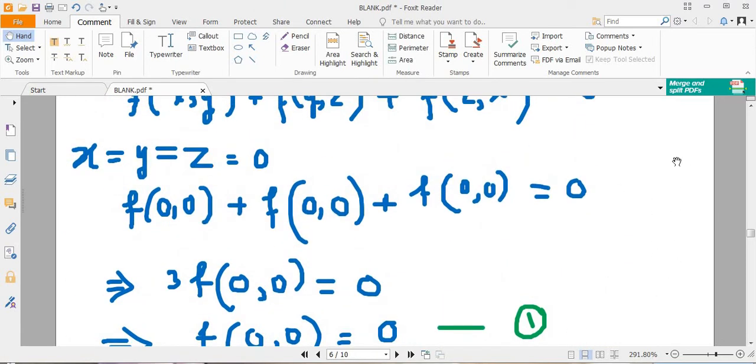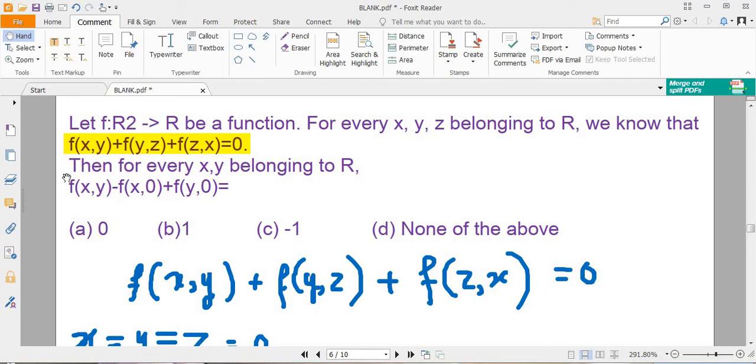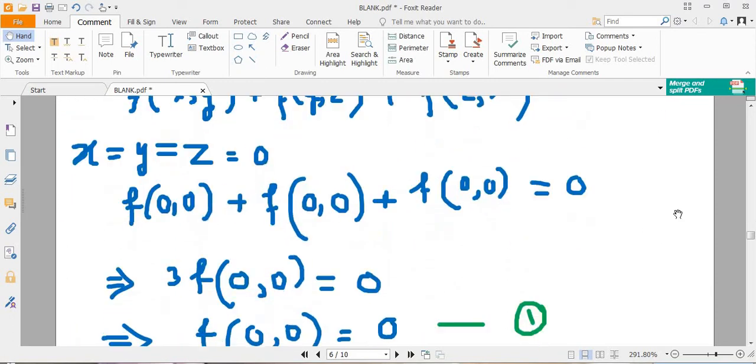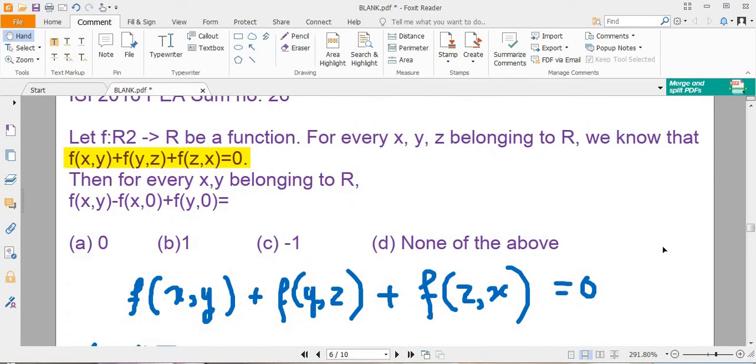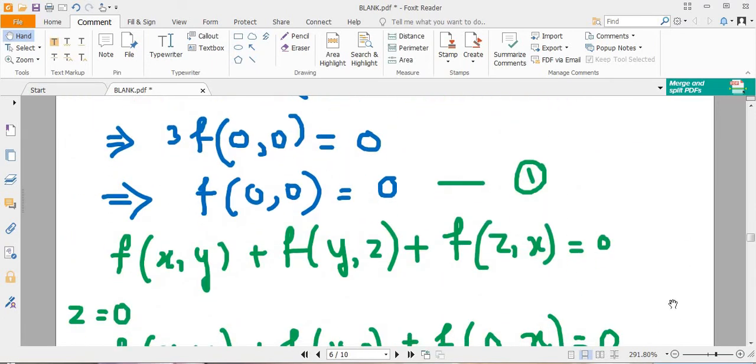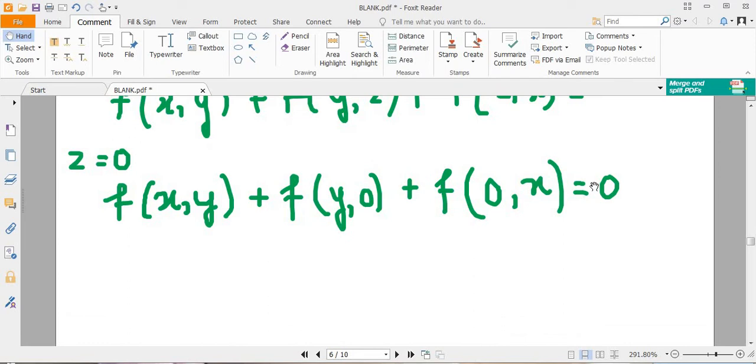What we needed to find out is f(x,y), we have this term, f(y,0). Look at this last term, we have f(y,0) as well. The only thing that we need to find out here is minus of f(x,0), whereas we have f(0,x).